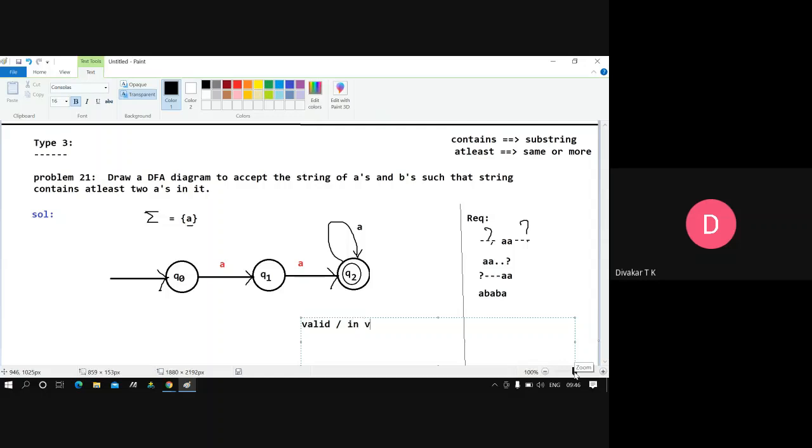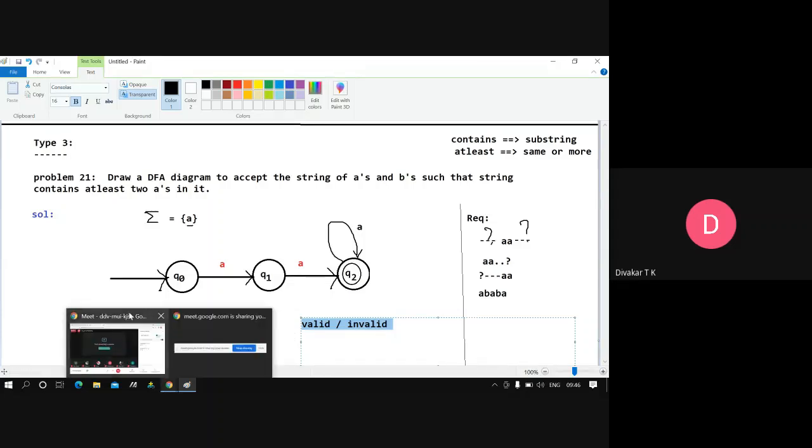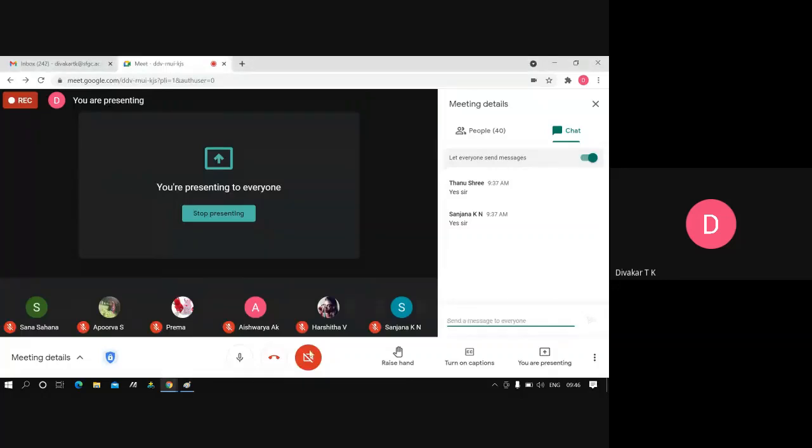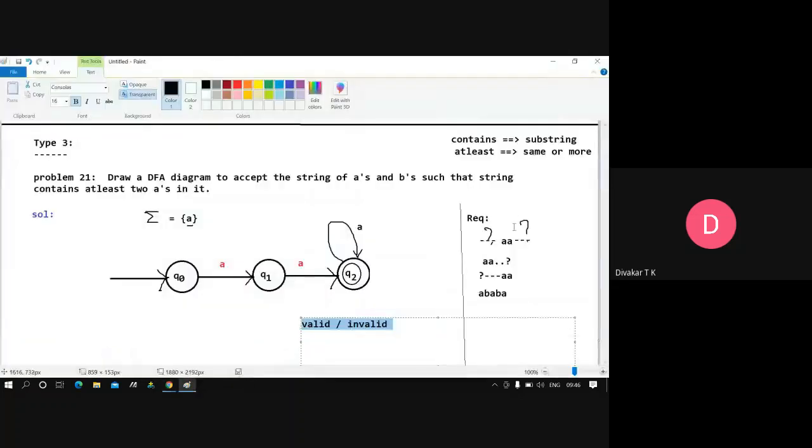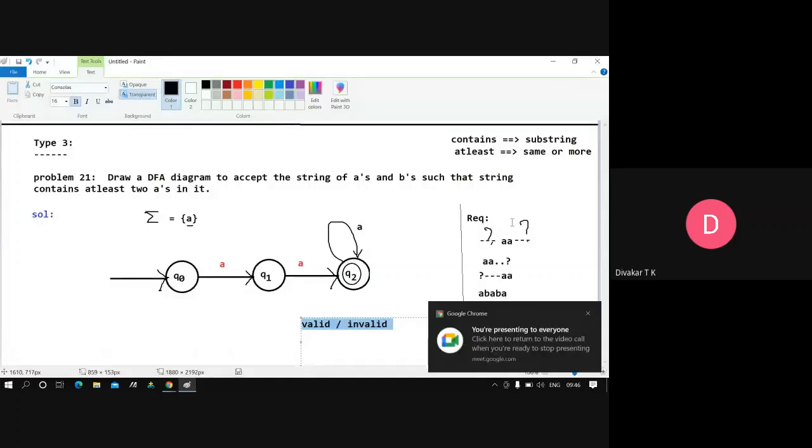Okay, invalid diagram. Can anyone tell me whether it's valid or invalid? Just tell me whether it's a valid diagram or an invalid diagram. Have a look, a couple of seconds.